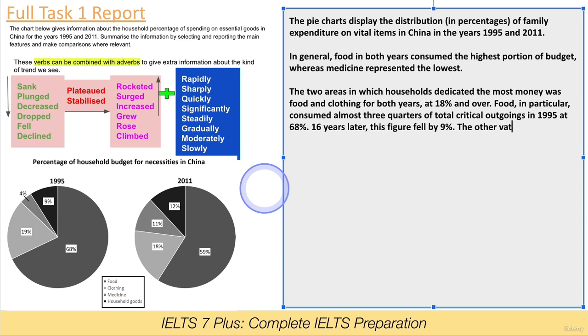The other categories were considerably lower in percentages.